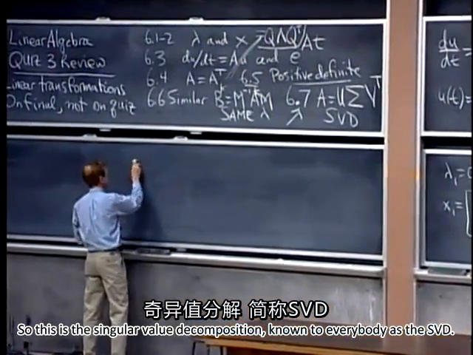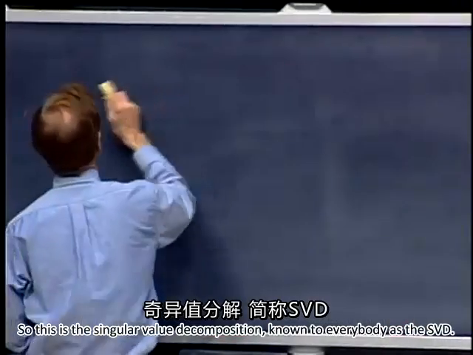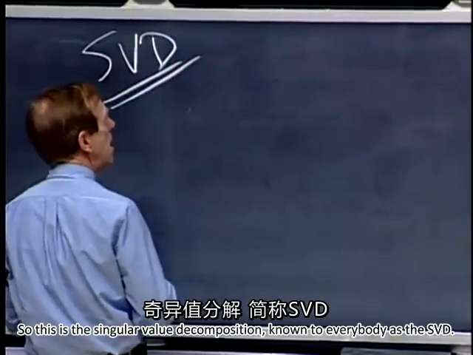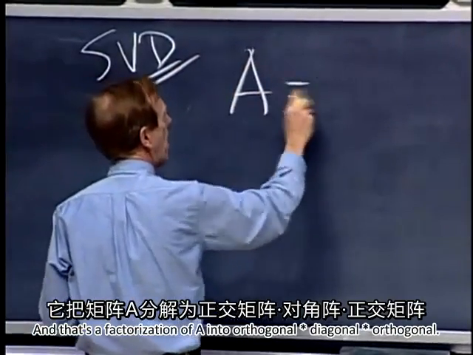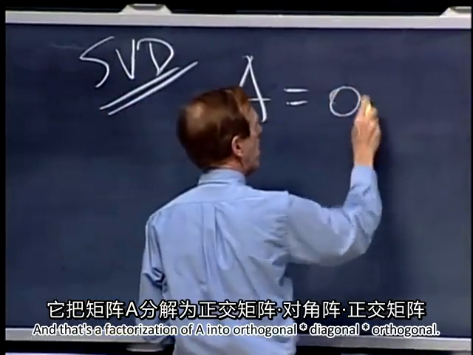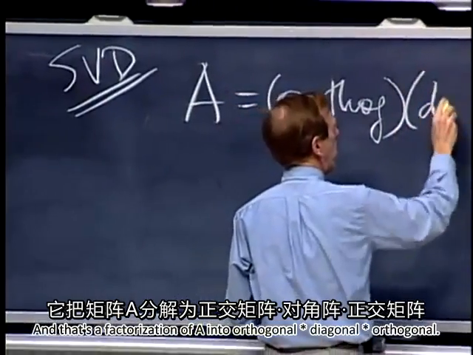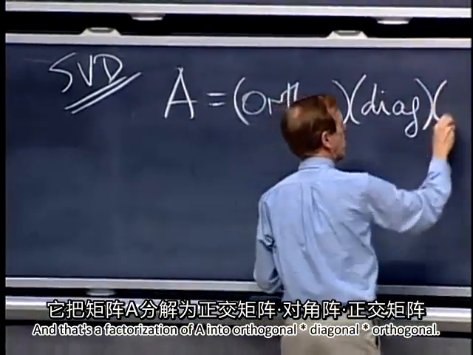Okay, so this is the singular value decomposition, known to everybody as the SVD. That's a factorization of A into orthogonal times diagonal times orthogonal.